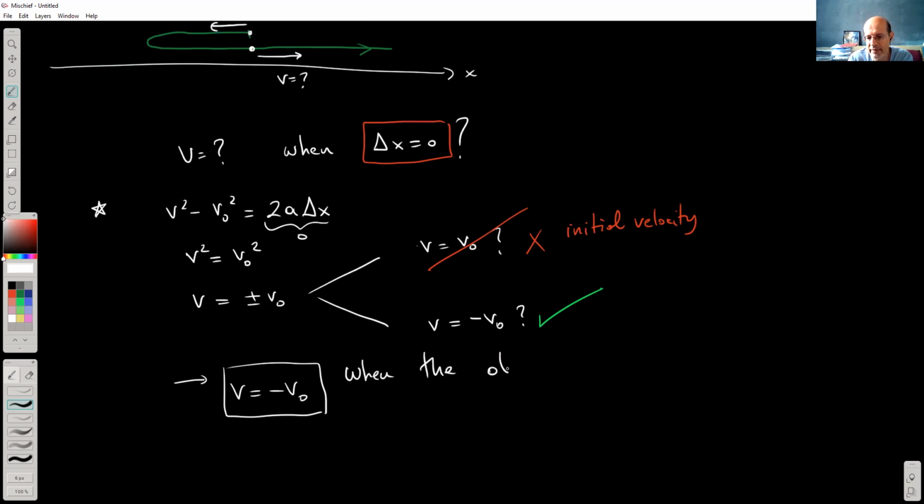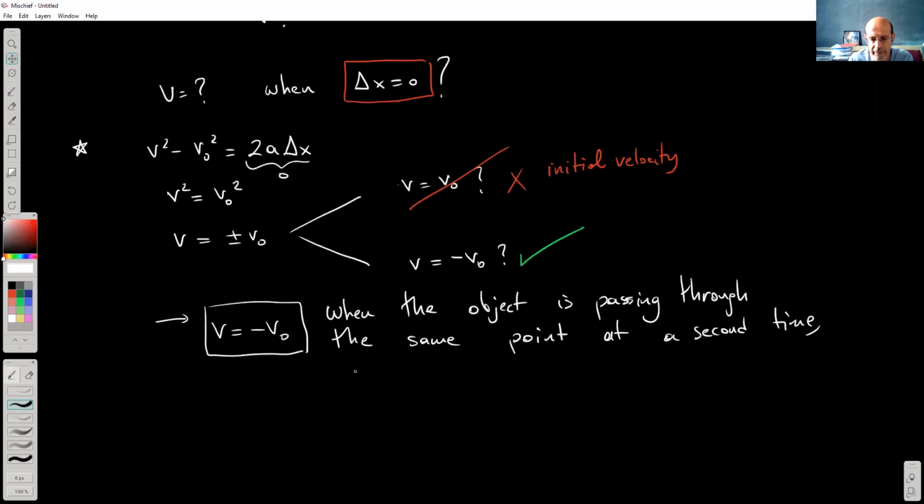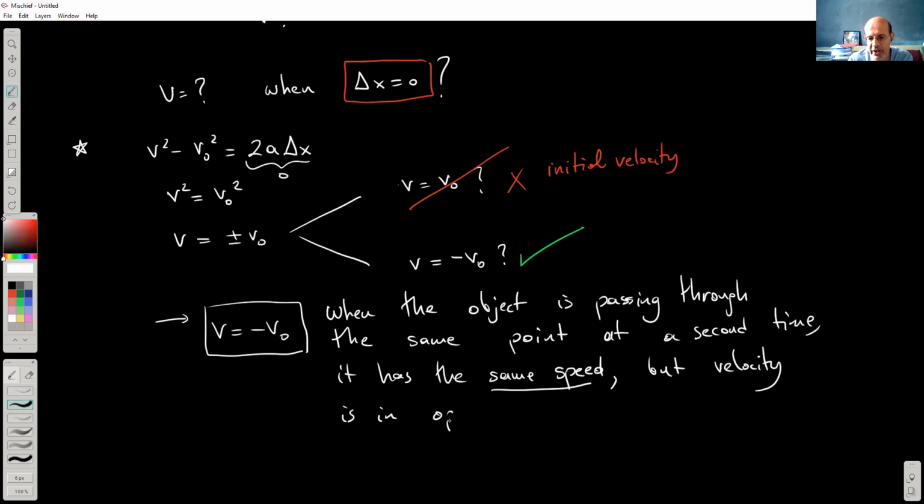When the object is passing through the same point at a second time, it has the same speed, but velocity is in opposite direction. The velocity changes sign, right? That's basically what I'm saying, right?